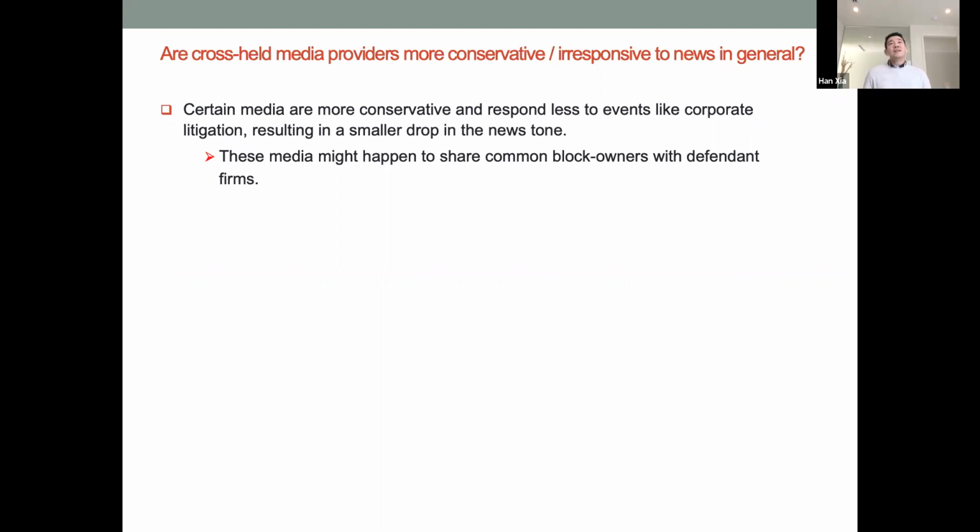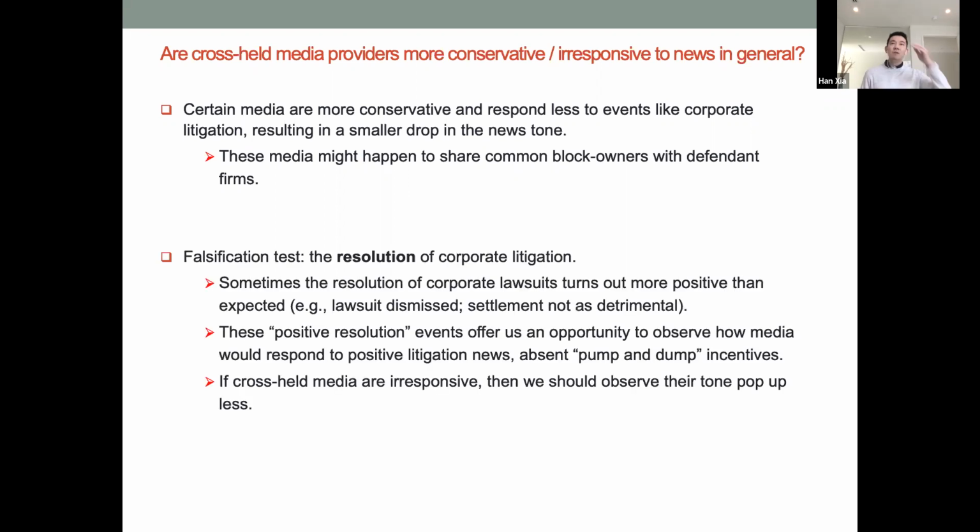In this case, the medium will respond less negatively to the corporate litigation, resulting in a smaller drop in the news tone, which is what we observe. And if by any chance such a medium is also cross-held by the institutions, then that's an alternative explanation for our paper. Okay, so how do we address this concern?